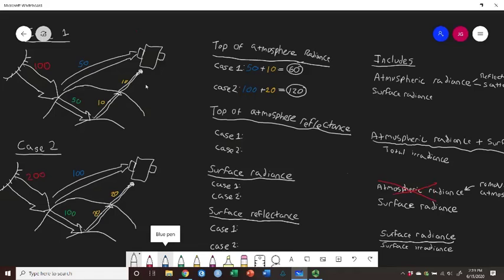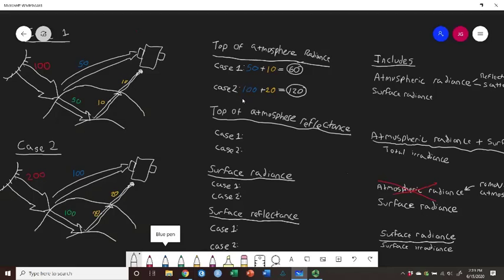All we've done is increase the irradiance in case 2, and you can see the top of atmosphere radiance is already much higher. So we've changed the values fundamentally, even though the system is the same, we just have more energy coming into the system. So that's top of atmosphere radiance. Again, we're bringing in the atmospheric radiance and the surface radiance here.